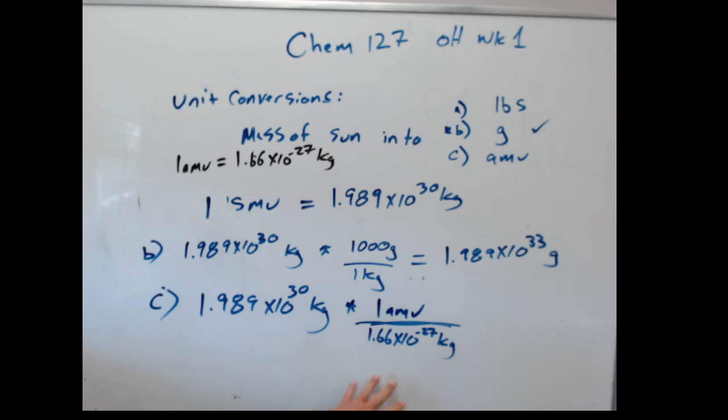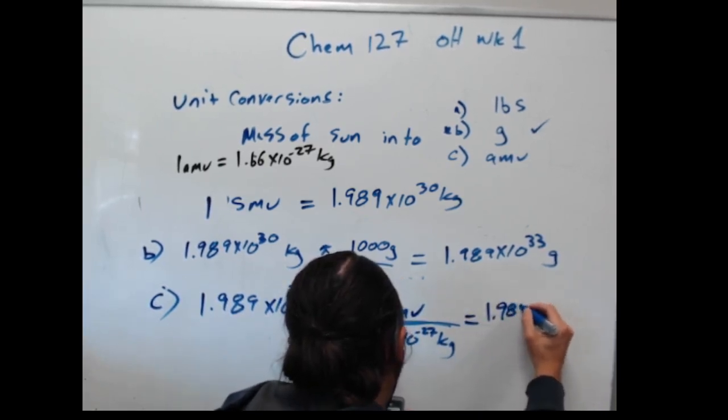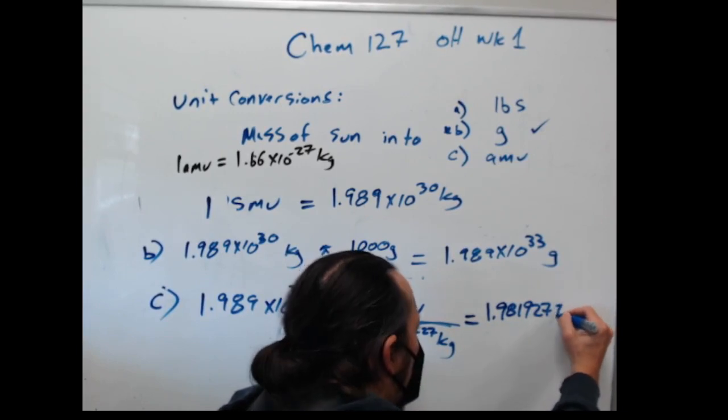So we can go ahead and do this division. We get a silly number: 1.989 times 10 to the positive 30 divided by 1.66 times 10 to the minus 27, and we get 1.981977 times 10 to the positive 57.